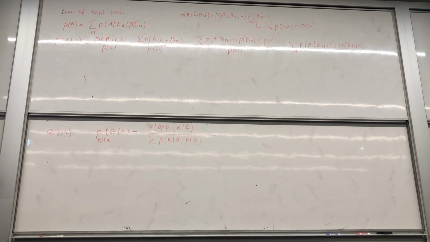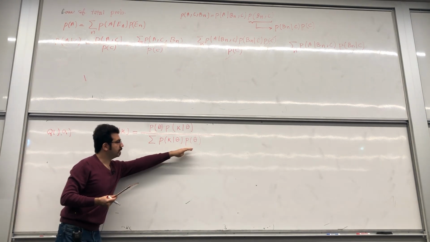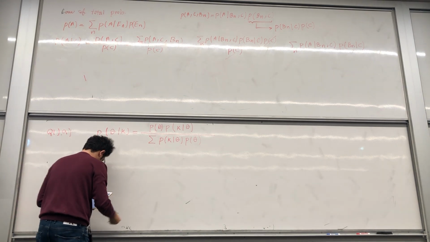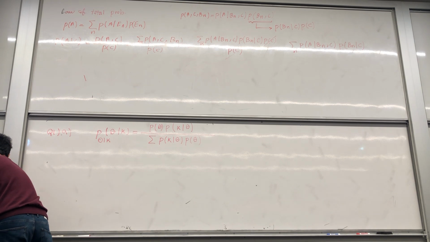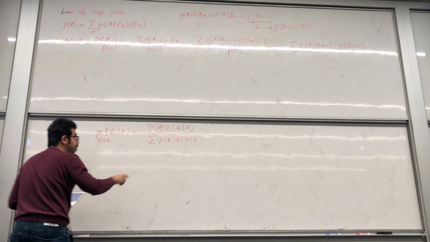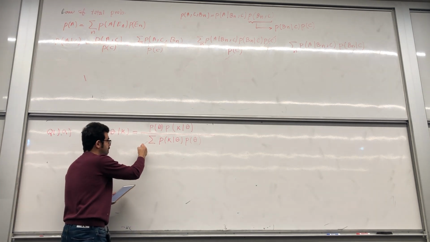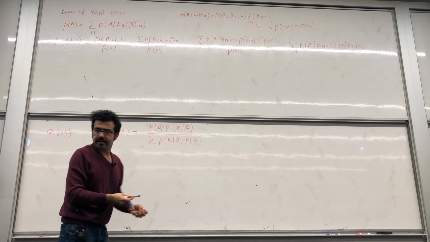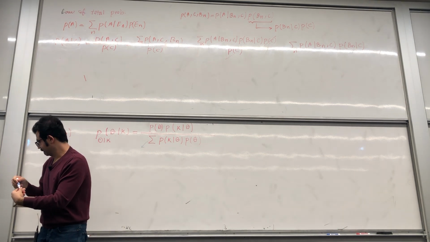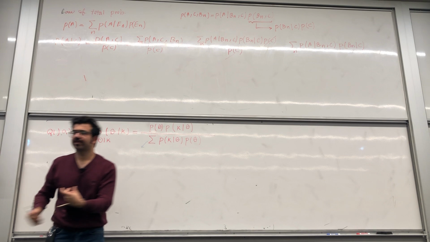Make sense? So at the denominator, you always have, let me write it here. These markers are not that good. Does anyone have a marker I can borrow?